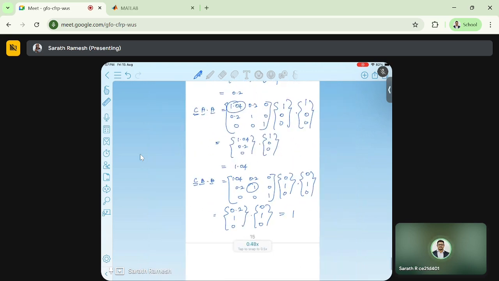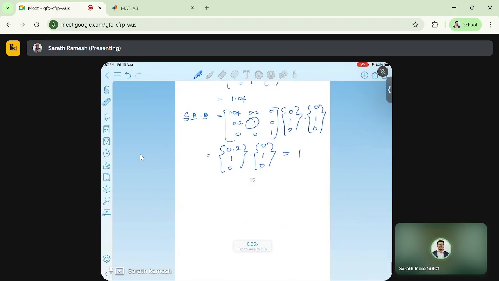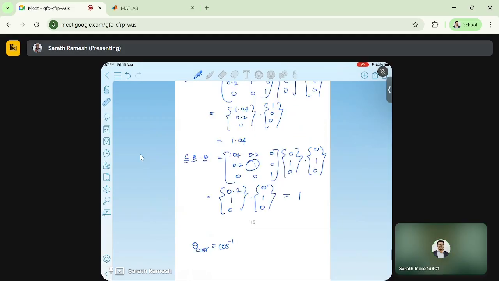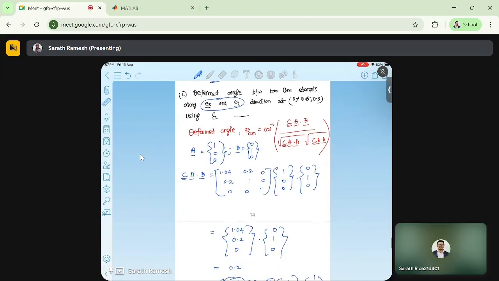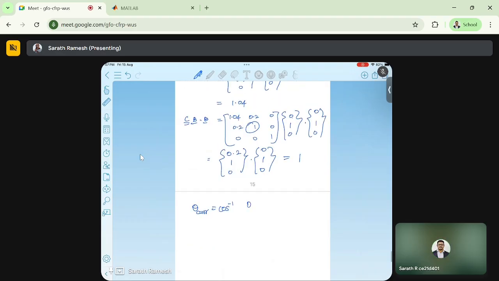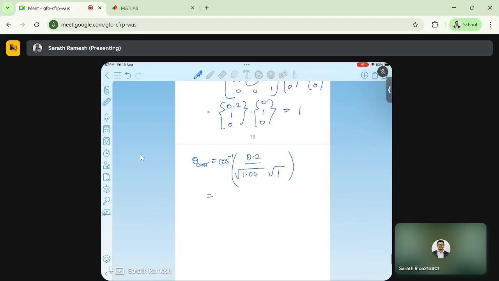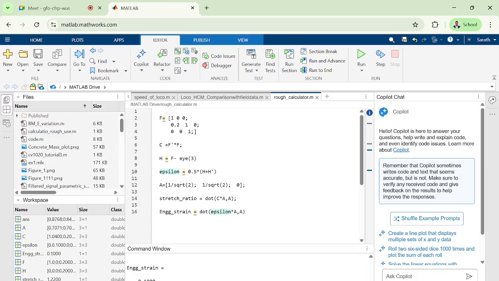Now we have everything. Let's substitute everything into the formula. So theta current will be equal to cos inverse of CA dotted with B, which is 0.2, divided by the square root of 1.04 and the square root of 1. We need a calculator.